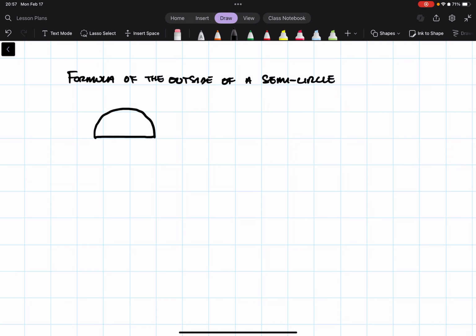So you know that this right here is going to be the diameter, and you know that this right here is going to be half of the circumference. So just make sure that you're adding those up. So the formula is going to be half of the circumference plus the diameter.